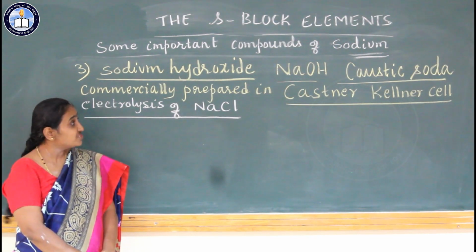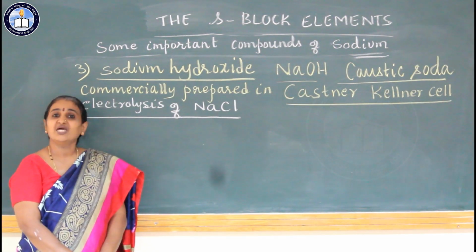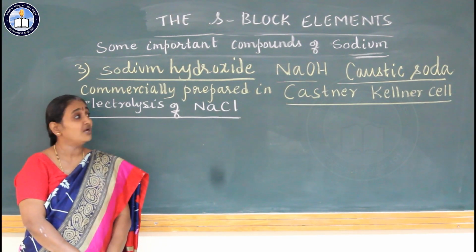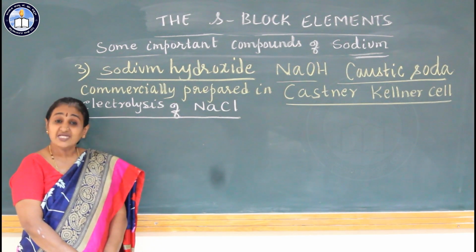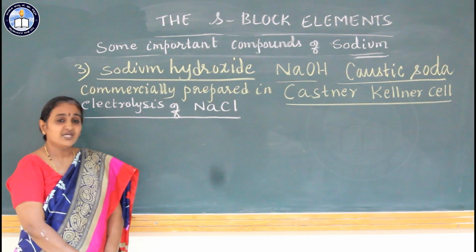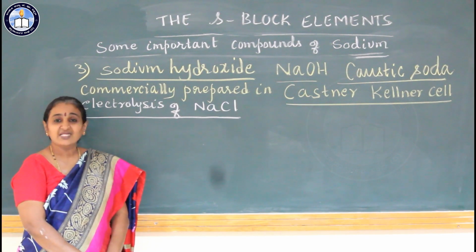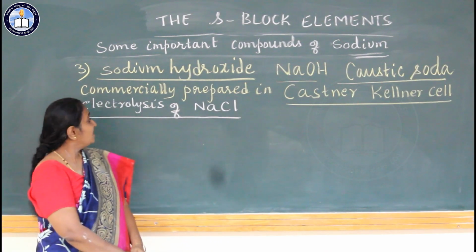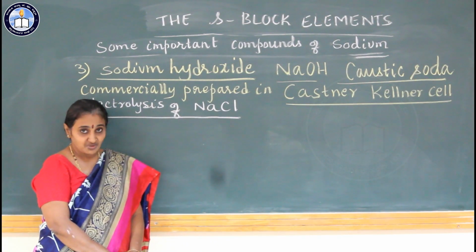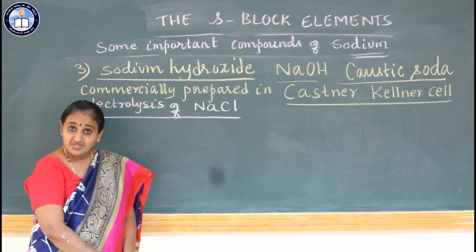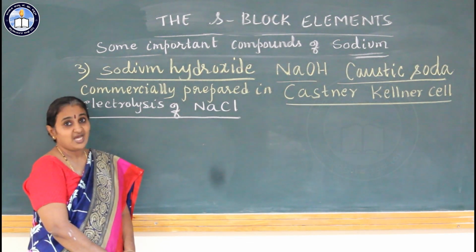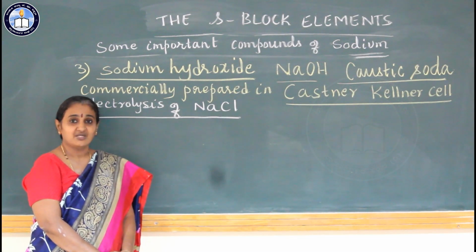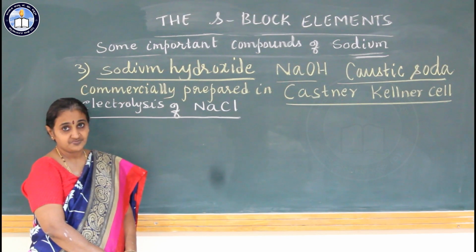Sodium hydroxide is commercially prepared by the electrolysis of sodium chloride, that is, brine solution, and it is generally prepared in the Castner-Kellner cell. In the electrolysis of sodium chloride, we take mercury as the cathode, and carbon as the anode.